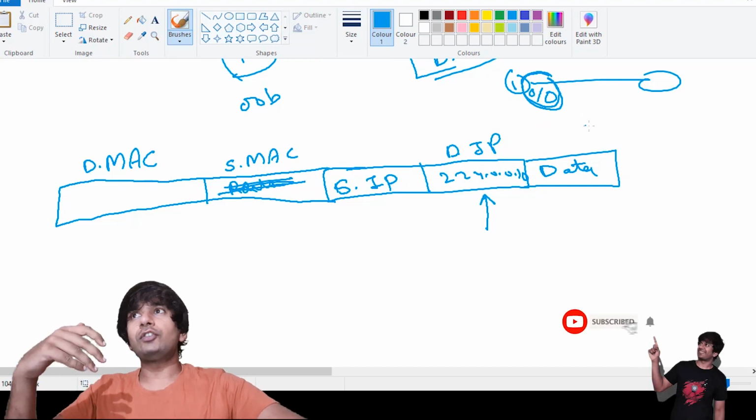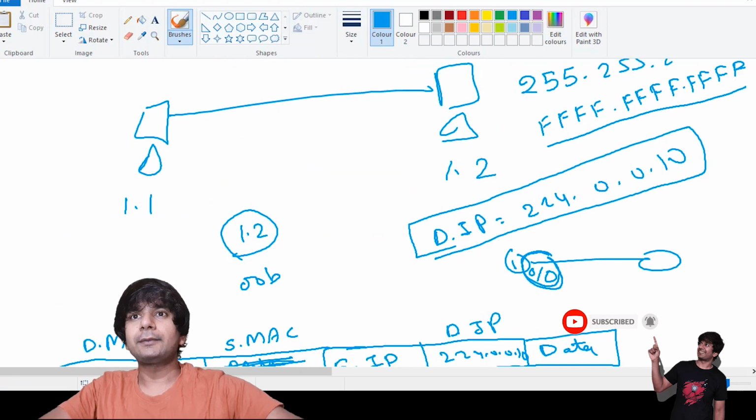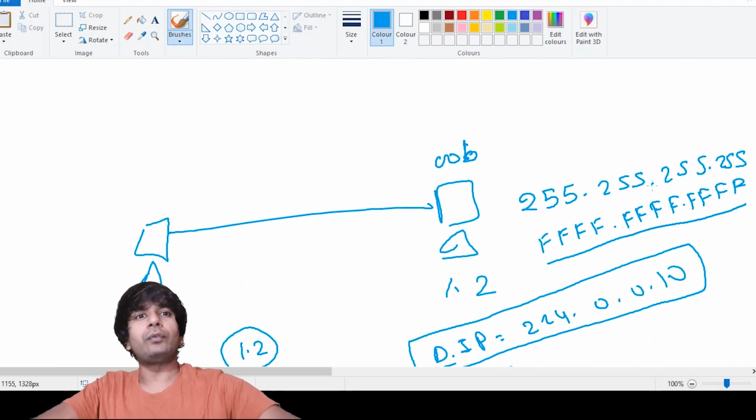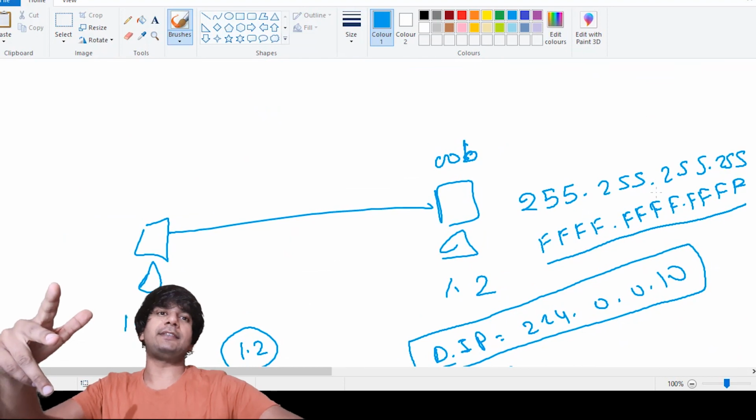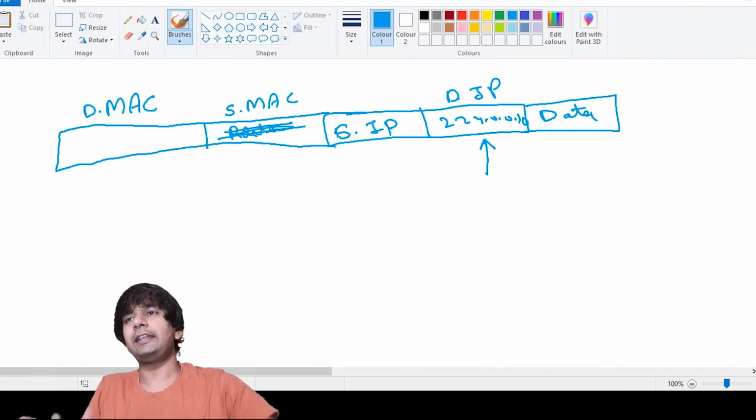Now, in case of broadcast, we know there is one broadcast MAC address, and it will always remain the same. But what about multicast, guys? I haven't seen a specific multicast MAC defined, right?